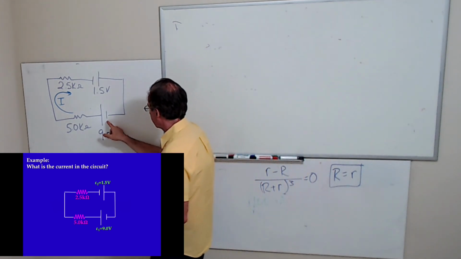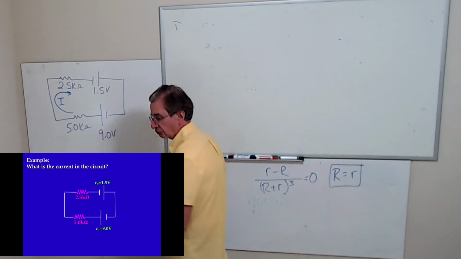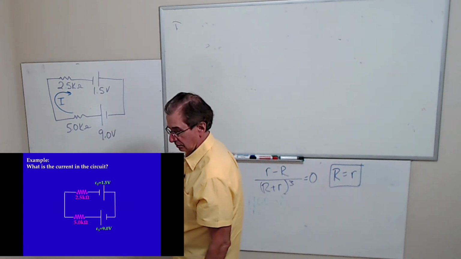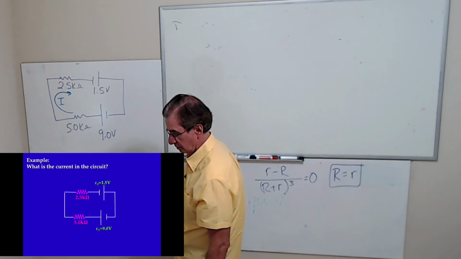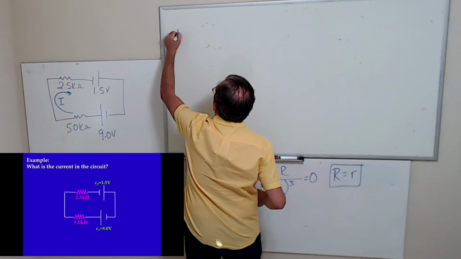So I'm going to start here and go clockwise. I go from a lower voltage to a higher voltage. Is that a drop or a gain? It's a gain. So I say plus 9 volts.